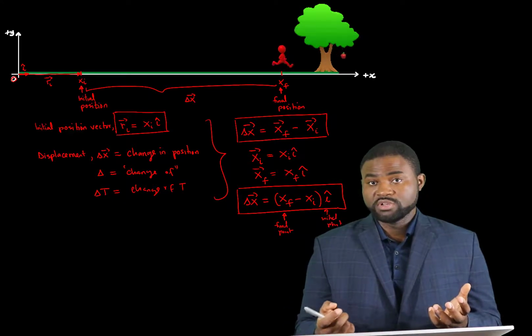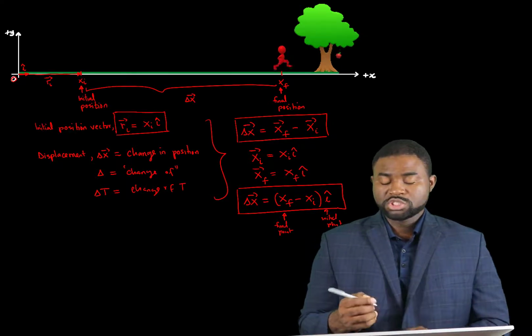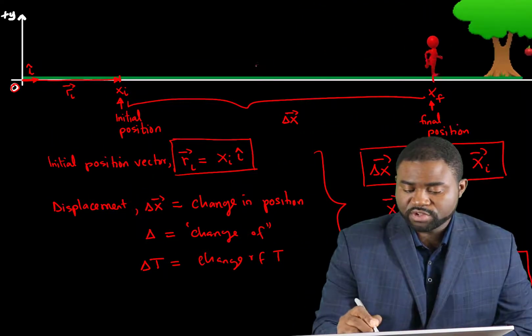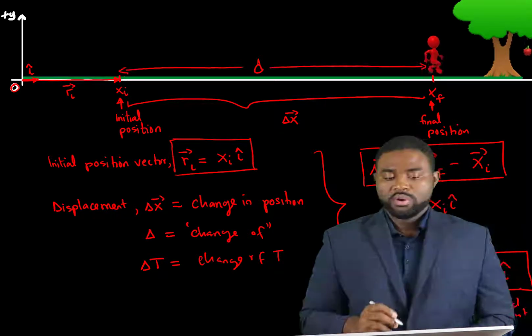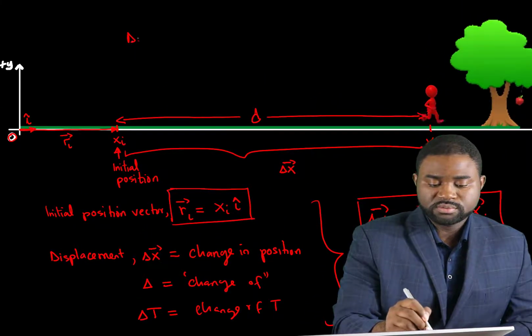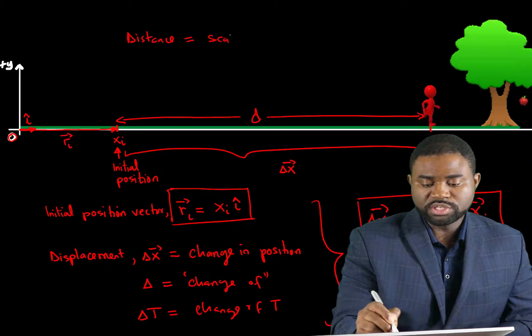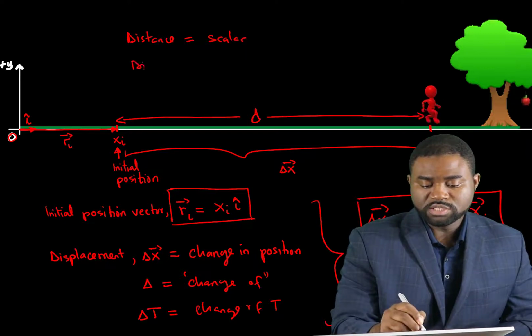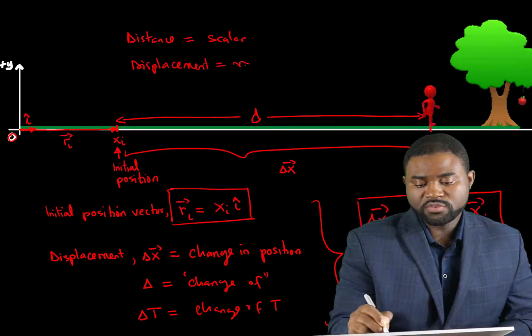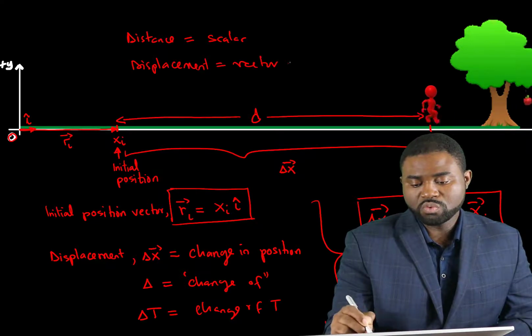Take note of the difference. So the total distance traveled here is d. So distance is a scalar quantity, while displacement is a vector quantity.